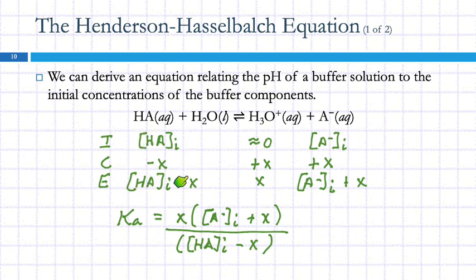So this one ends up being minus X, that one is plus X, and we get this. If X is small, then those X's that are being added and subtracted are 0, essentially, right? And so then that simplifies, and it ends up being X times the concentration of A minus initial divided by the concentration of the initial acid.